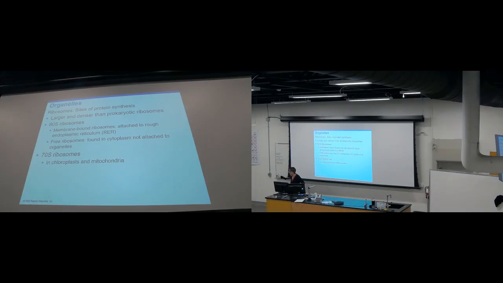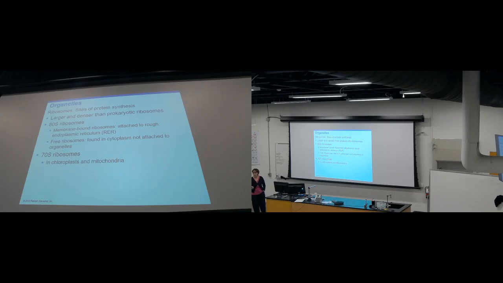So ribosomes are the protein factory of the cells, as a majority. These ribosomes in eukaryotic cells can be 80S or 70S.